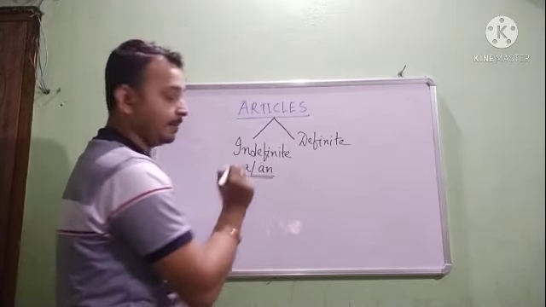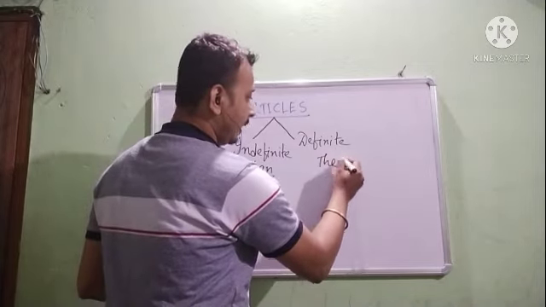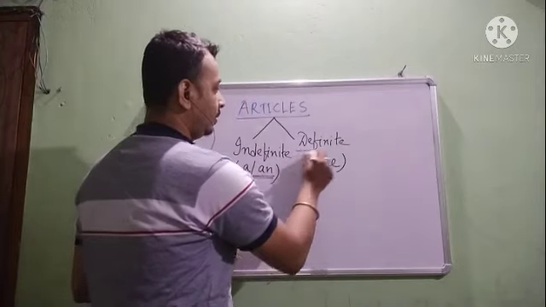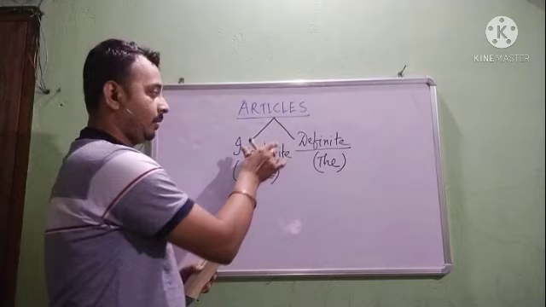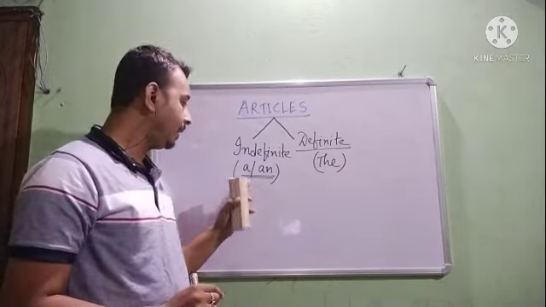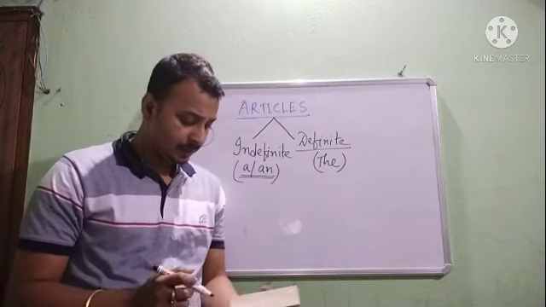These two are indefinite articles. And the word the is the definite article. So these are the two kinds of articles: indefinite, a and an, and definite, the.